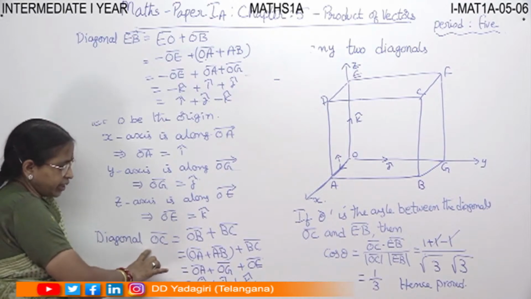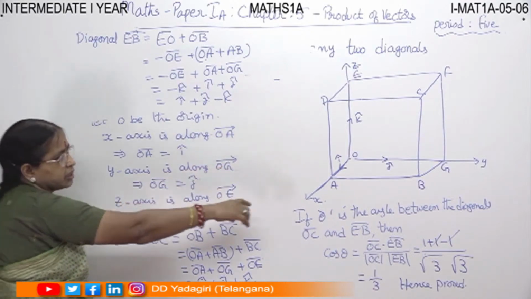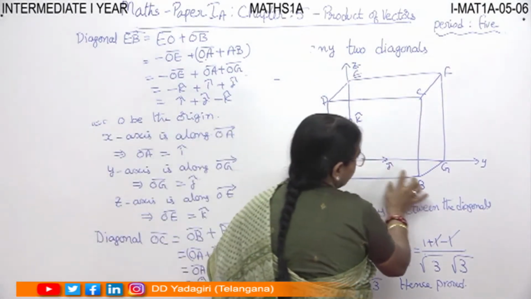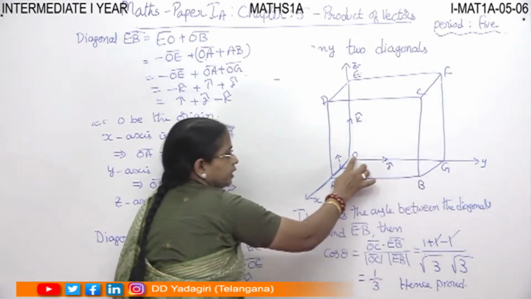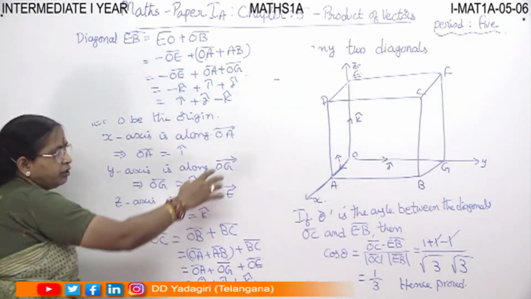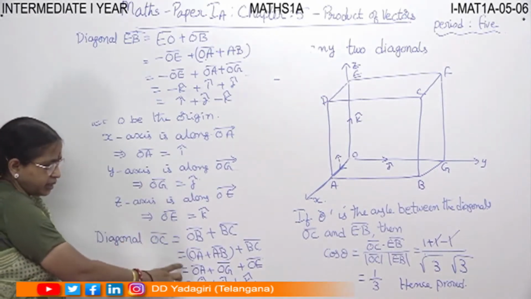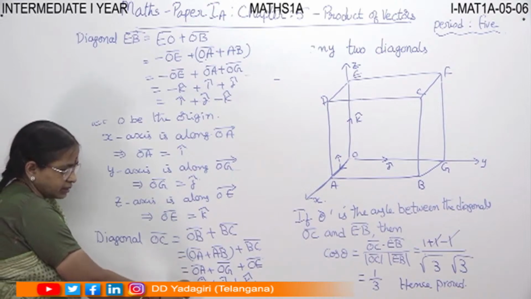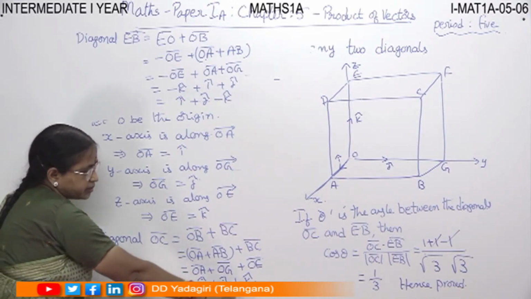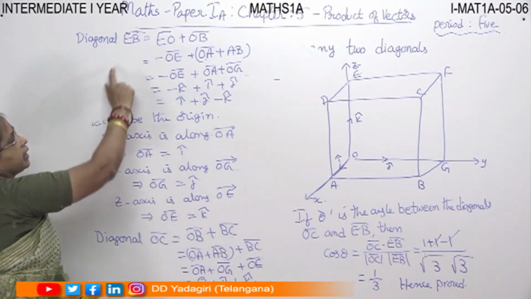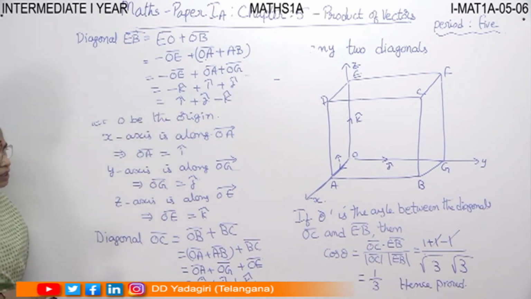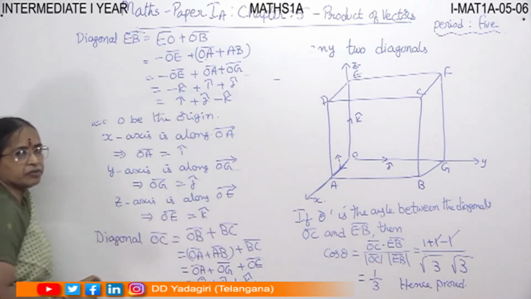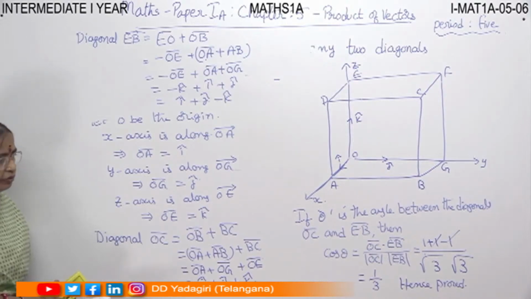So write the diagonal OC. OC is equal to OB plus BC. Again OB is OA plus AB, like that. Draw the figure. You can understand this according to the addition law. These are the steps. So you'll get OC as i plus j plus k. Similarly, another diagonal EB as i plus j minus k. Then you know the formula to find the angle between two vectors. So like this we do.